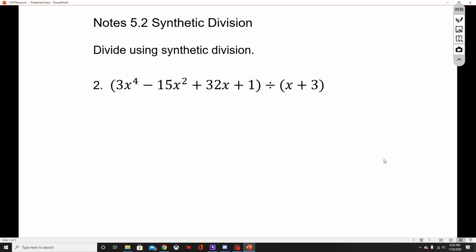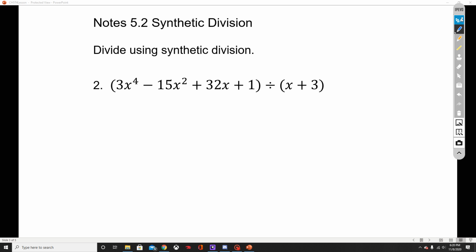All right, once you understand what's going on here, this is actually relatively quick. We set it up, so we got the division symbol. Our coefficients are 3. Look, it goes from x to the fourth to x squared, so there is an x cubed here. It's a 0x cubed. So it's 3, 0, negative 15, 32, and 1.